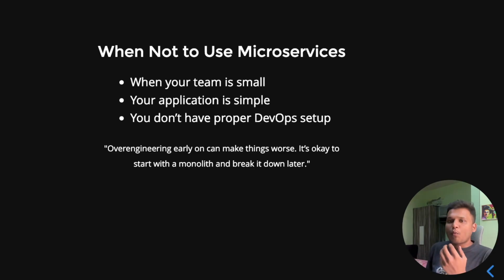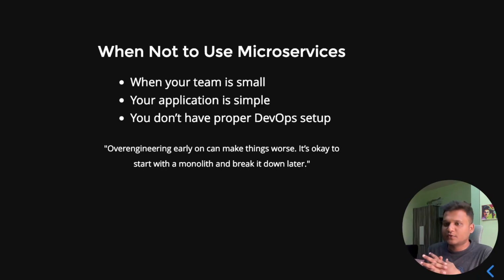Let's talk about when not to use microservices. When your team is very small, like you have 5 or 10 people only in your team, then I don't think it makes any sense to have a microservices application, because the management becomes very difficult in those scenarios, and dividing tasks can also become difficult.